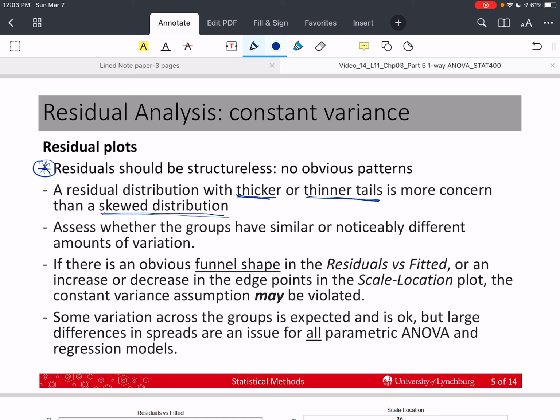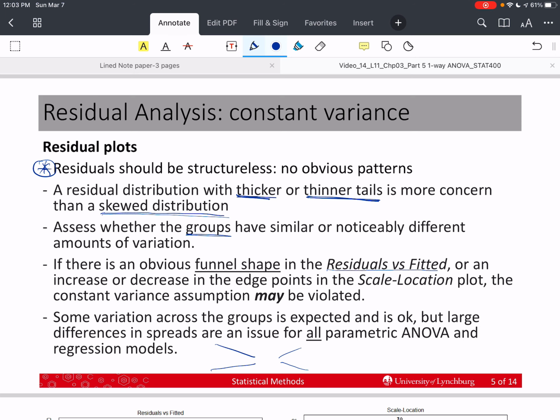So we're going to look and see whether the different groups or treatment levels have a similar or a noticeably different amount of variation. If there's a funnel shape, it would look something like this, or in reverse, it could look something like that, where the variance at one treatment level is bigger, and as you increase the treatment levels, you get a smaller variance, or vice versa, you get a larger variance. These funnel shapes are very serious issues that we have to address, okay?